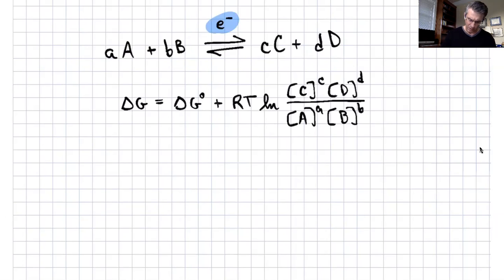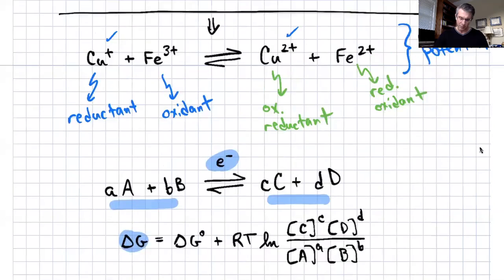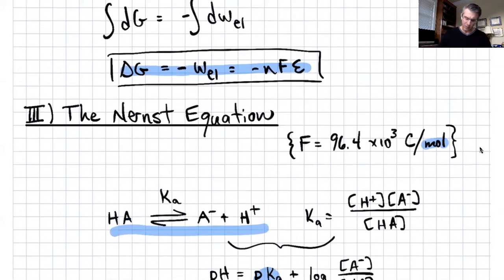There's an electric field potential difference between this side and this side of this reaction by virtue of the tendency of one side or the other to hold on too tightly or give up electrons. This means the free energy we're thinking about here in the context of chemical potential is related to what we went through before, which is that electrical work potential.